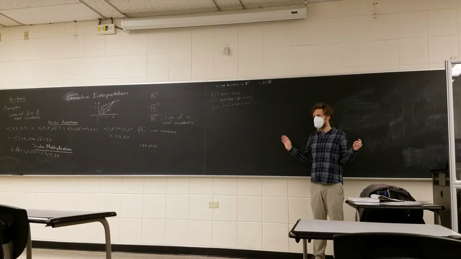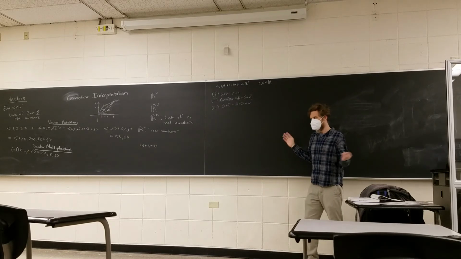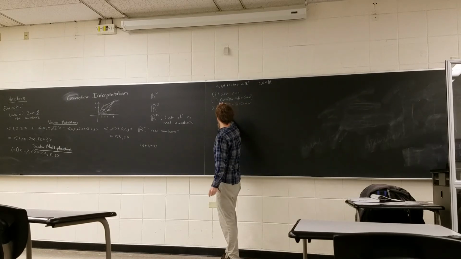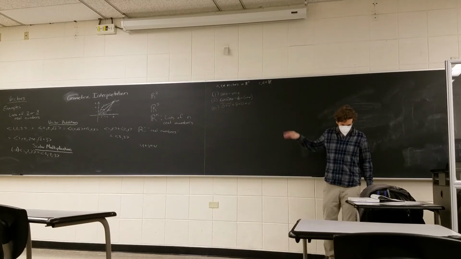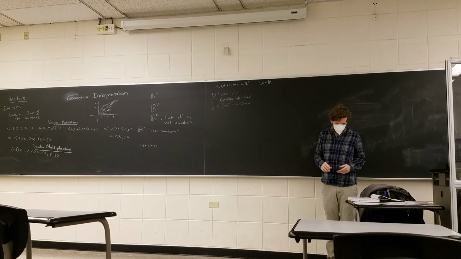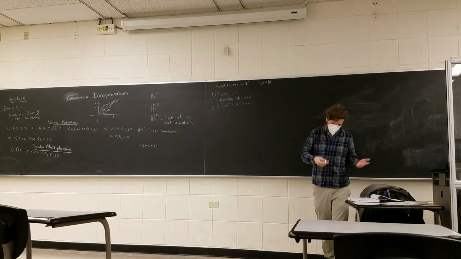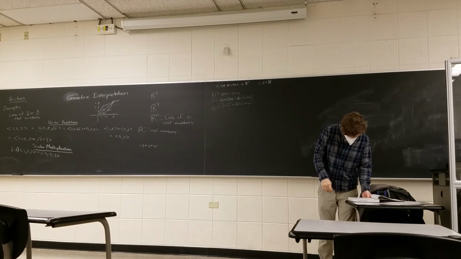I'm not going to insist on that convention because I don't use it in my daily math life. And so I'm not going to insist that you do that in this class. But if it makes things easier for you when you're writing stuff, feel free to do it. If it doesn't make it easier, feel free to not do it.